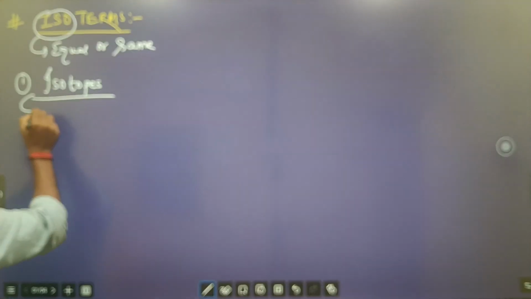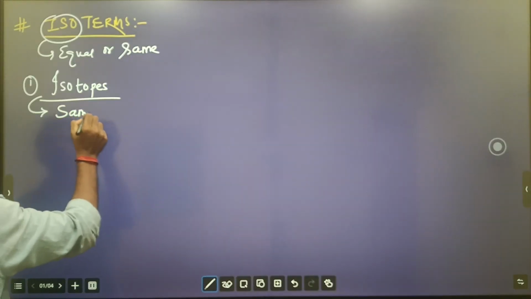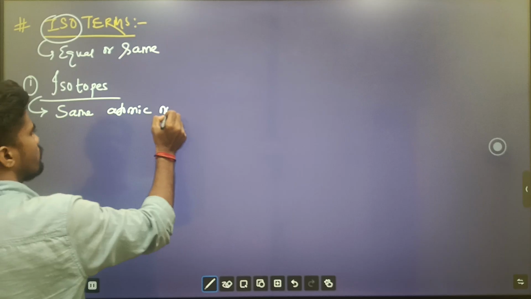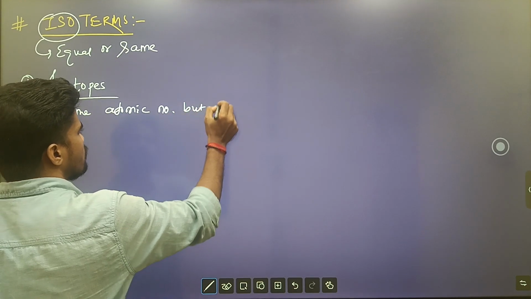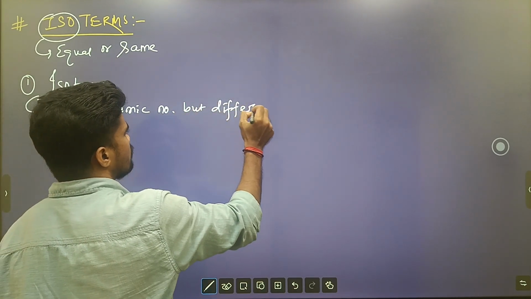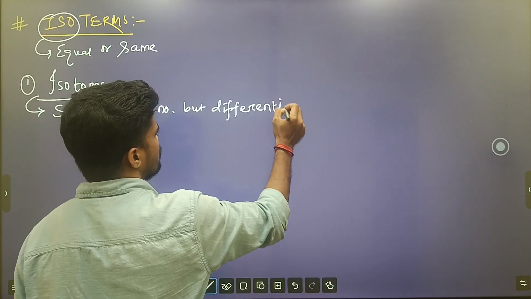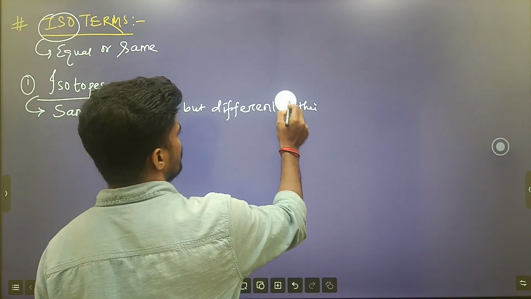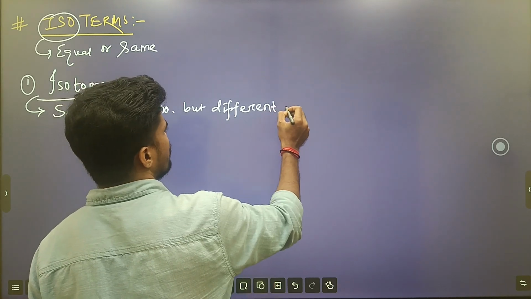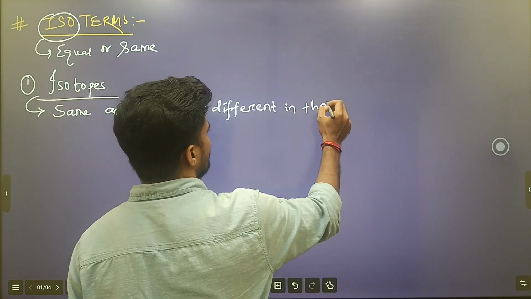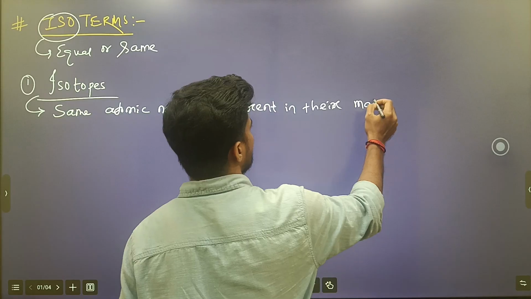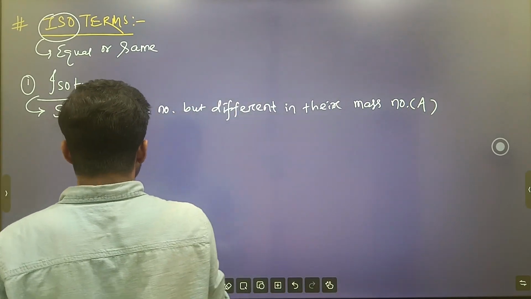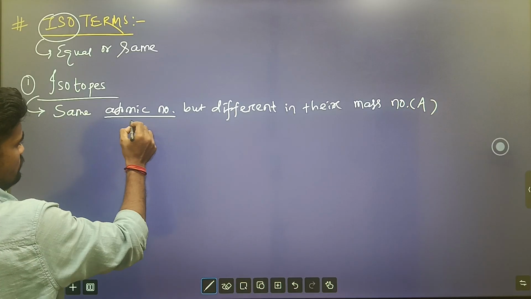The species which have the same atomic number but different in their mass number, that means A. Atomic number is the Z value.